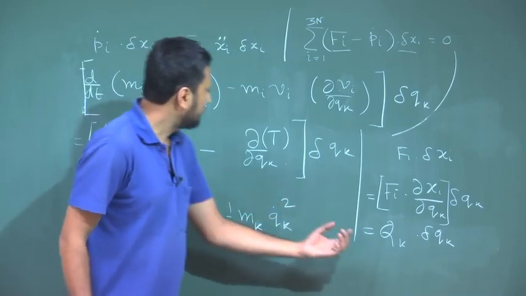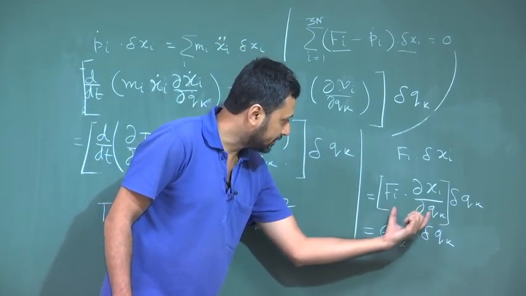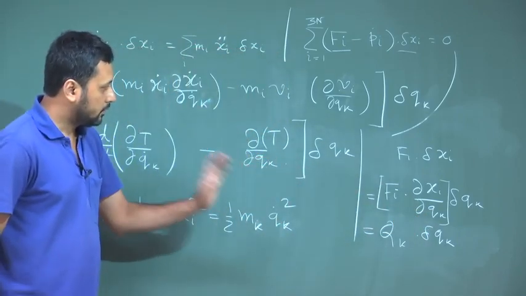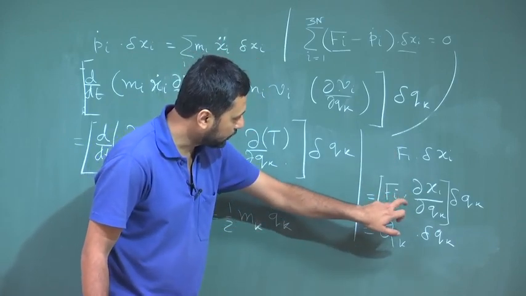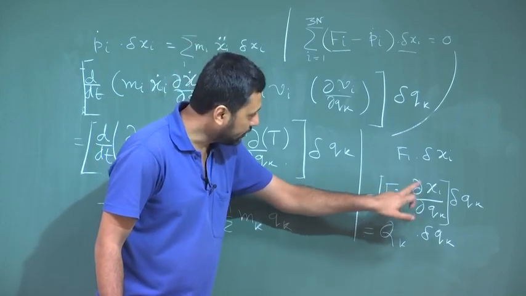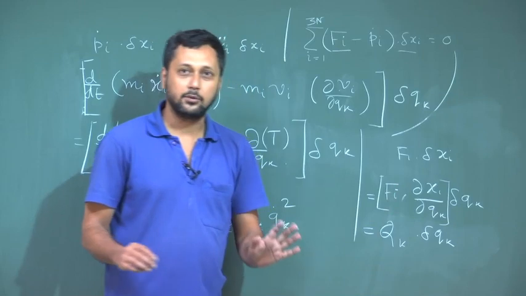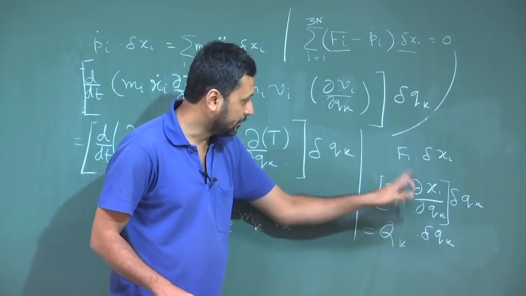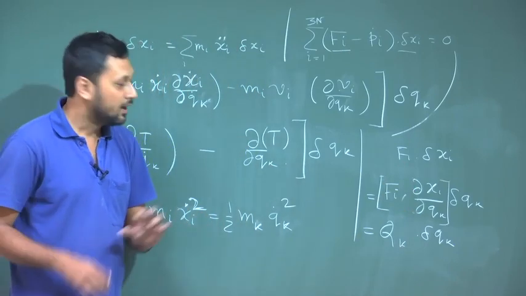So, we can have a generalized force term which has this particular form. Now, this is the definition of a generalized force. What we did here, we have a force component measured in Cartesian coordinates, and then we have a transformation term. It can be shown that this is one of the elements of the Jacobian transformation matrix, which we are not going into in detail.